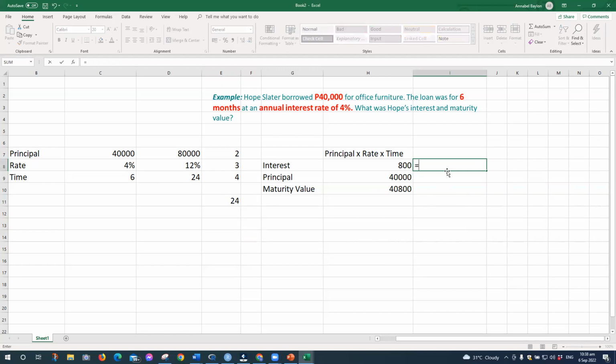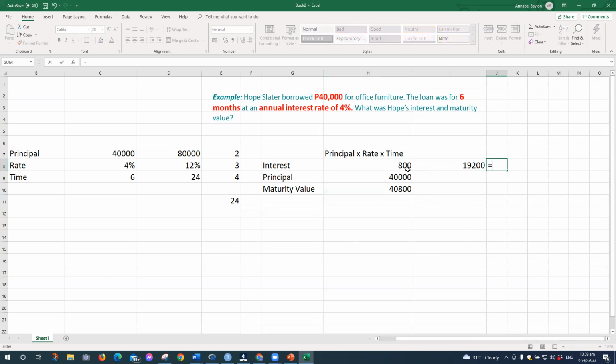Okay, so let's see what happens. Our interest will now be, I think we can copy this. Copy to the right. No, sorry. Our principal times, wait, yeah, I think this is correct.